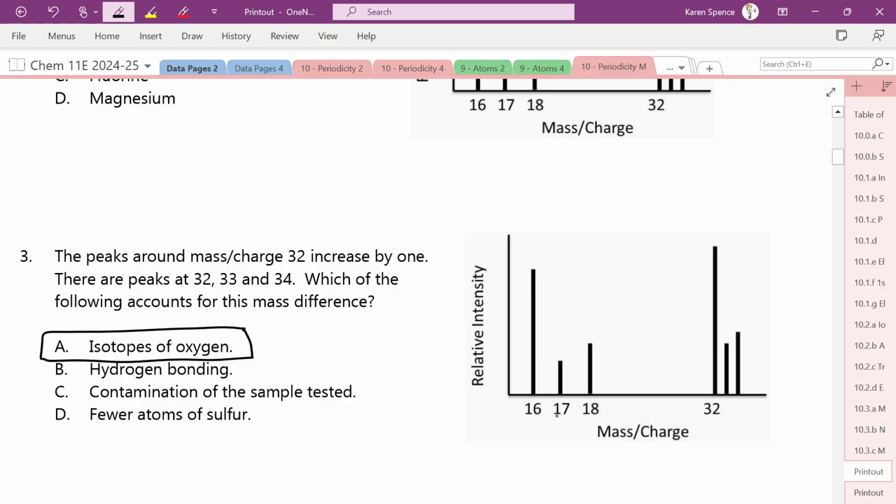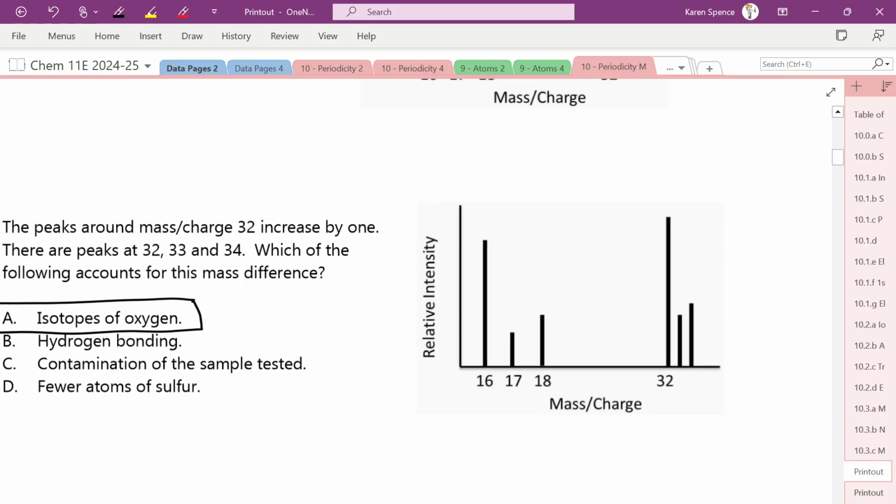So what we've got here is oxygen 16, oxygen 17, and oxygen 18. How do I know that? How do I know it's oxygen?